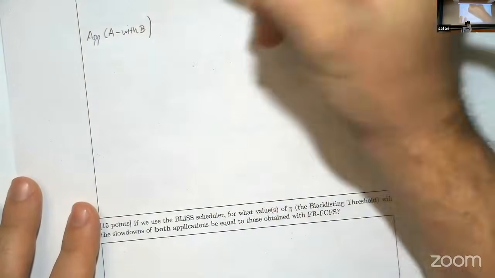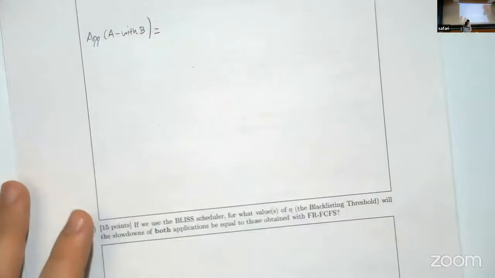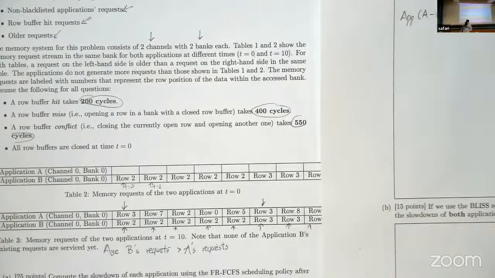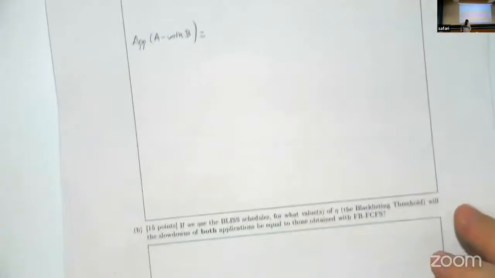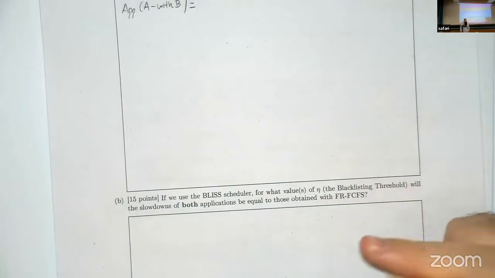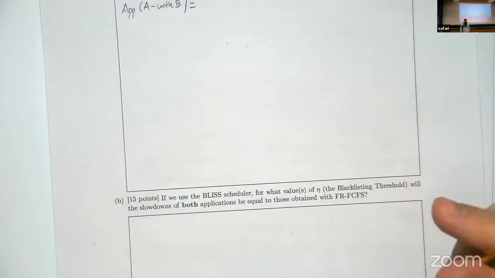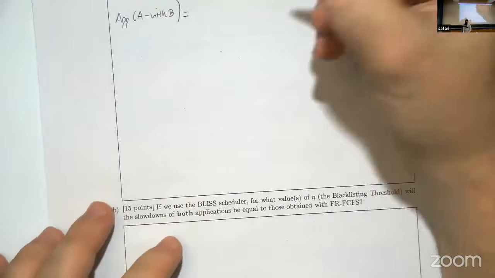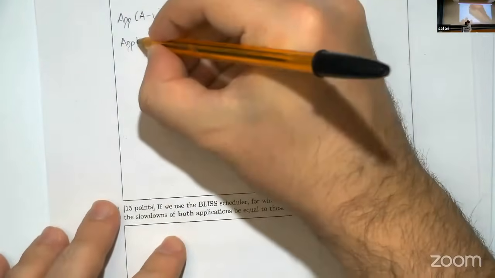With B. Any idea? Why is this more complicated right now? Because at the same time, you need to do application B, right? You cannot do only application A.